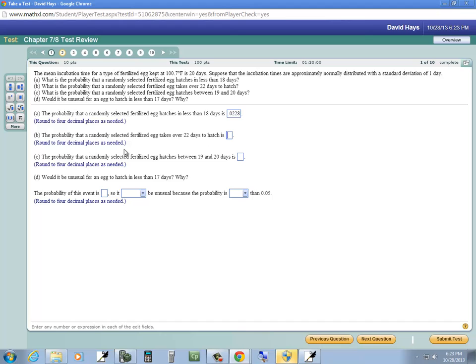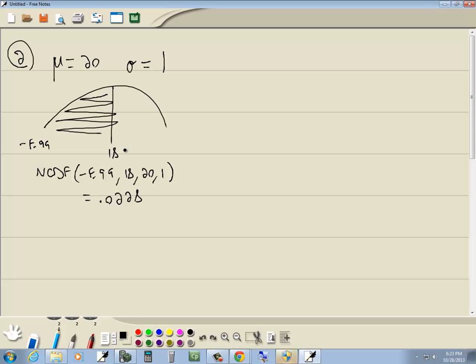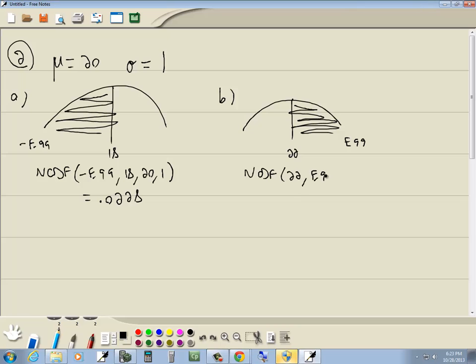The probability that a randomly selected fertilized egg takes over 22 days, excuse me. That was A. B, over 22 days. Well, here's 22. Over would be shaded this way. And clear over here is E99. So we'll do normal CDF, 22, E99, the mean, the standard deviation.